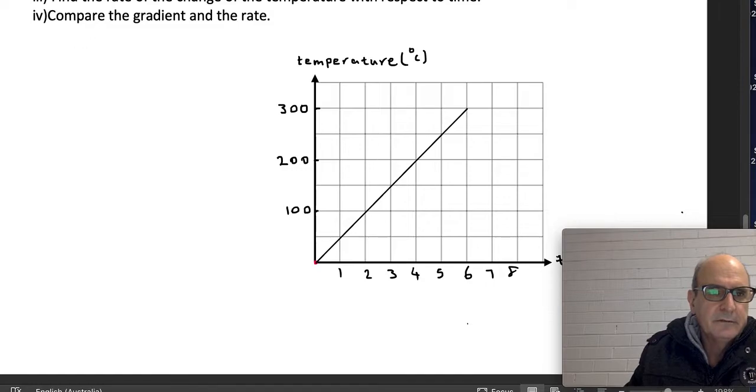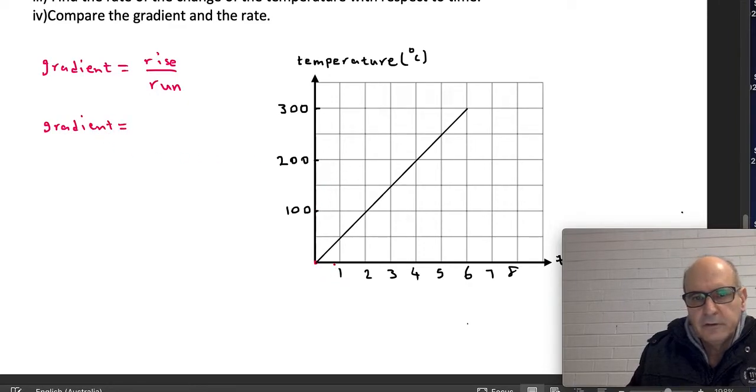So gradient is equal to rise over run. What is rise, what is run?